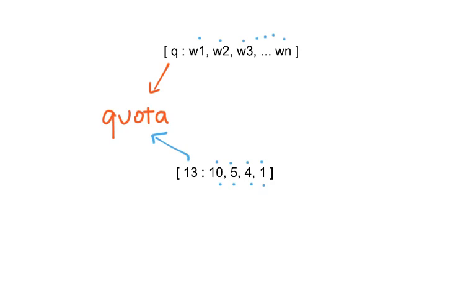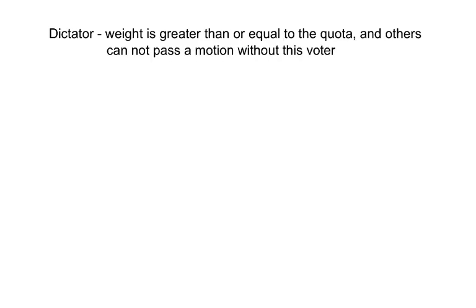Now we'll look at some examples that show some of the terms that are really important when we discuss weighted voting. The first term we're going to look at is a dictator. A dictator has a weight that is greater than or equal to the quota, and the others cannot pass a motion without this voter. Let's take a look at an example of this situation.